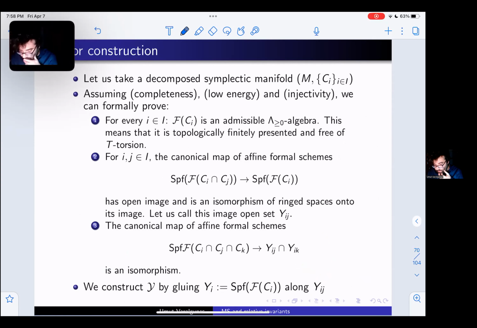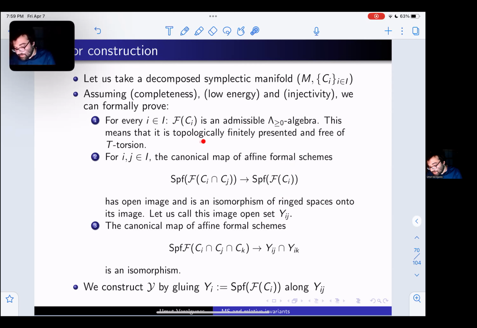Okay, and then we glue these formal affine schemes along these open intersections. And as I said, if you want something that immediately lands in the non-Archimedean geometry world, like Berkovich spaces and so on, instead of taking Spf here, you just tensor this with the Novikov field.